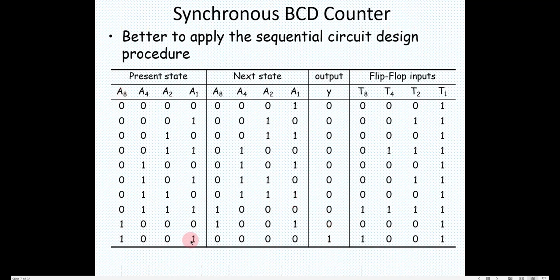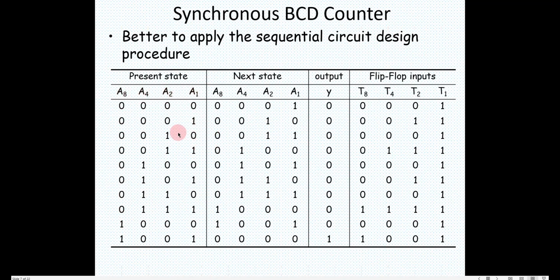So that is why I have written 9 here and 0 here. So now I have to give the inputs to the 4 flip-flops. It is just written 1 2 4 and 8 because it's a BCD counter. Otherwise it is bit 0, B1 B2 B3, you can call it B0 B1 B2.